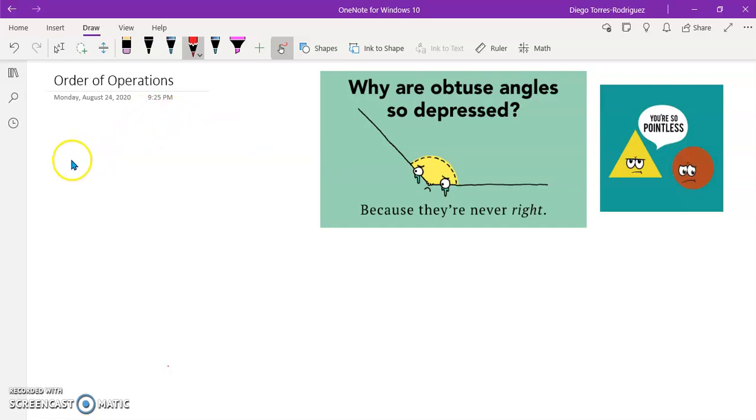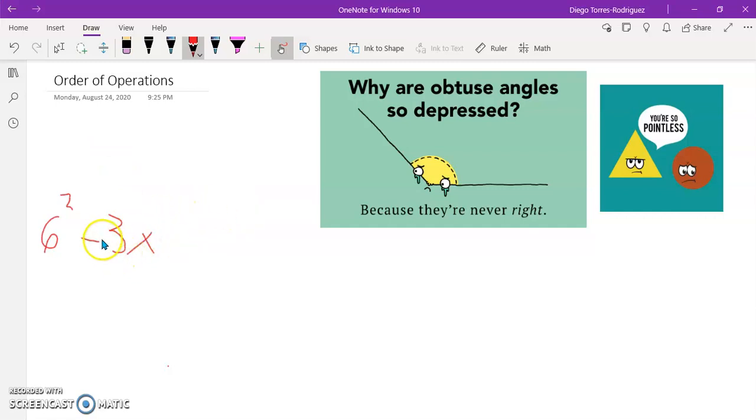Okay. Second example is going to be 6 squared minus 3. Totally misread that. I had to go back to see if I wrote it right.